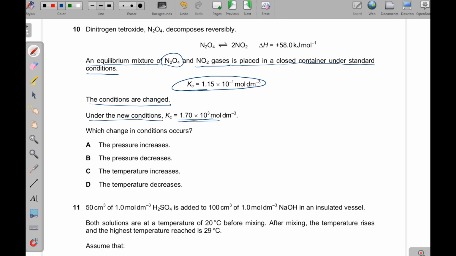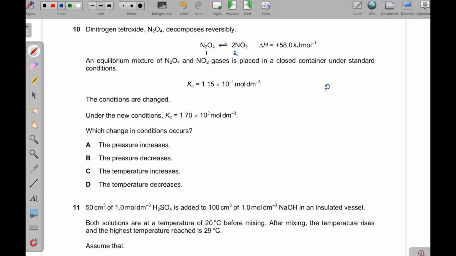The only change that leads to the change in the Kc, the equilibrium constant, is the change in temperature. Are we there? But when you increase, like let's say this is 1 mole, these are 2 moles, we know that pressure is inversely proportional to volume.